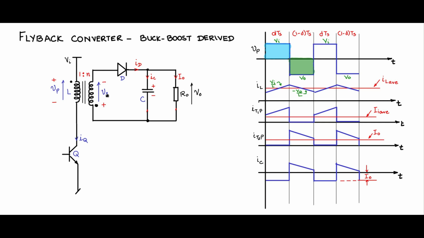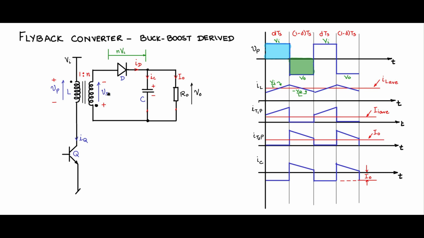Observe that the voltage across Vs is N times Vi, and that plus V0 is coming across this diode and reverse biasing it and switching it off. So what is that voltage which is coming across the diode, reverse biasing it?